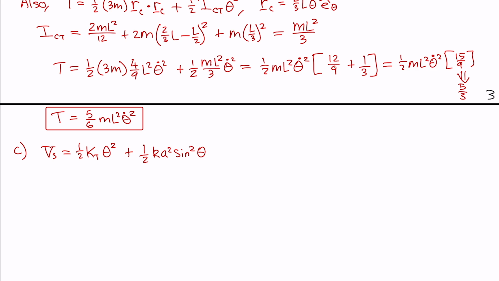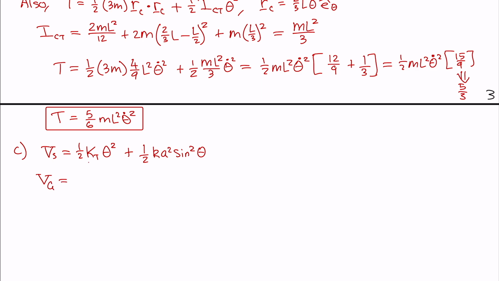For the gravitational potential energy, we have 2 options. We can use the center of mass of the compound system, the compound center of mass, or we could use the parts and do it by parts, where we track the potential energy of each part of that rigid body separately.